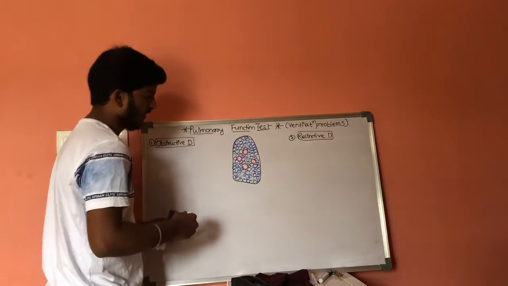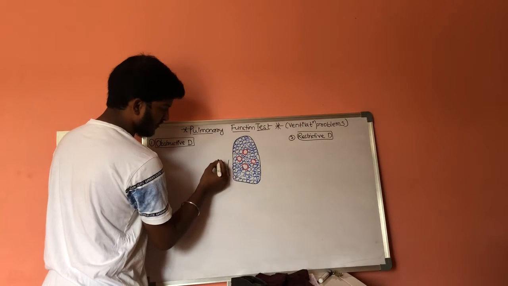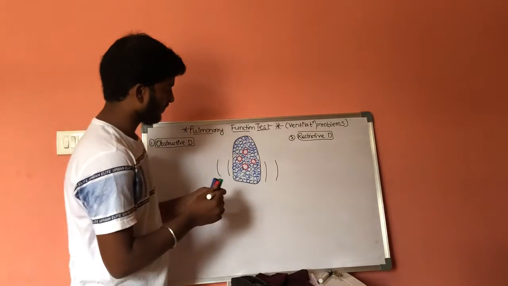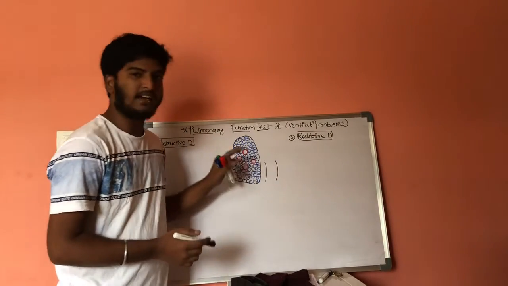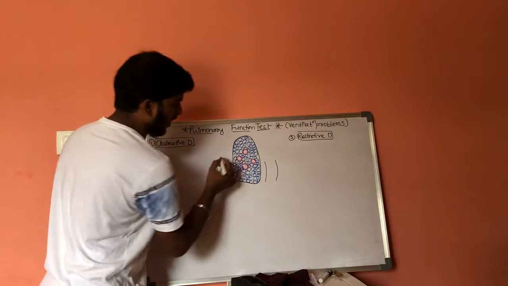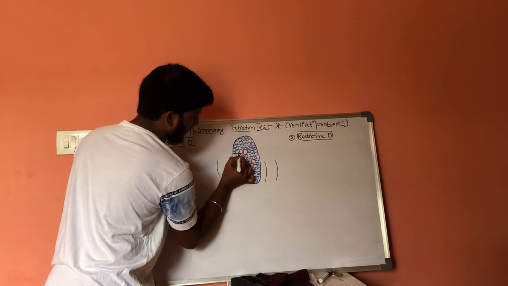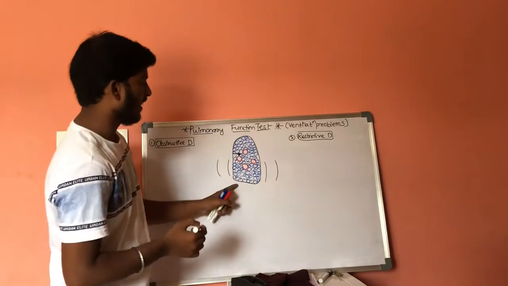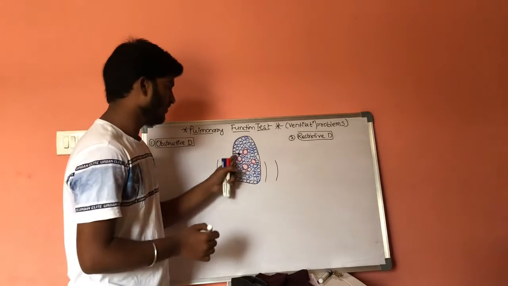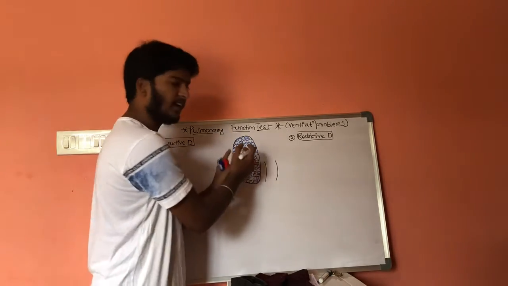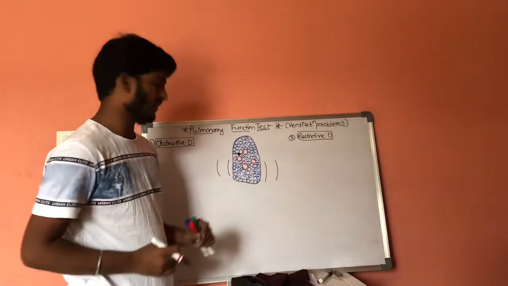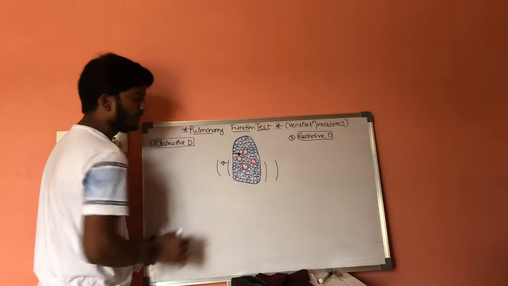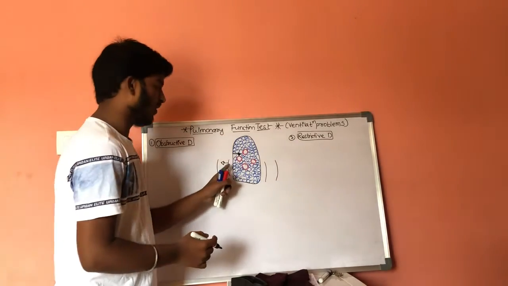And let us consider this is the chest wall. The wall of the lung has a tendency to contract towards the inner side. This is the characteristic feature of the wall of the lungs. As a result, the size of the lung can decrease, and the chest wall has a tendency to expand towards the outer side.